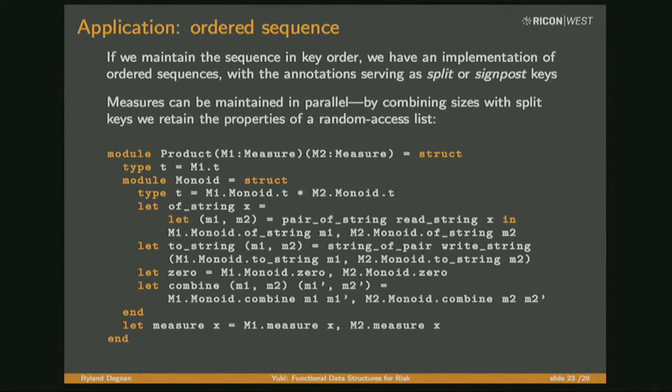We can get even fancier with combining monoids, in the sense that a user can provide as input into the library their own monoid that does some sort of measurement of their data that they're interested in looking up. So if you're storing, say, a JSON blob with all the data representing a user, you might be interested in looking up that user by their last name.